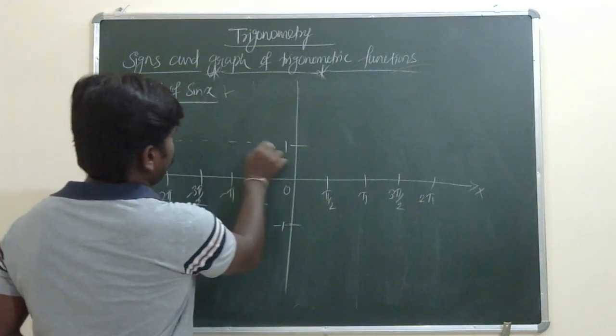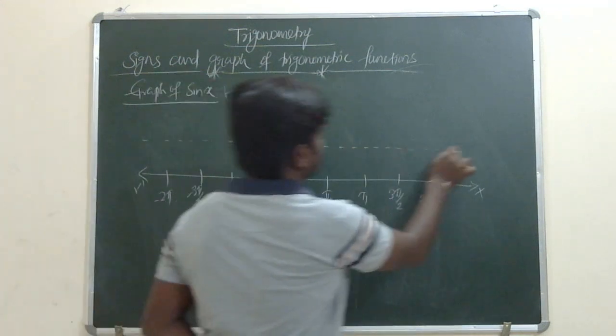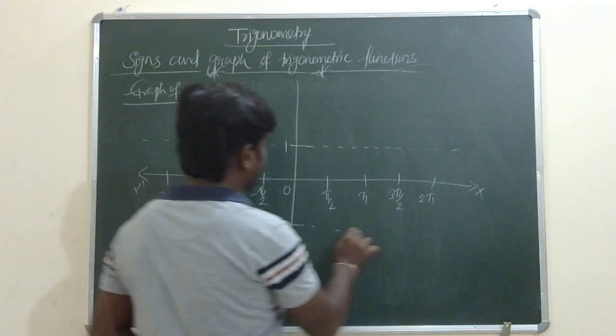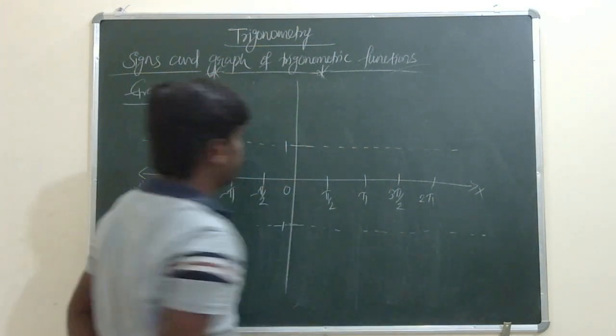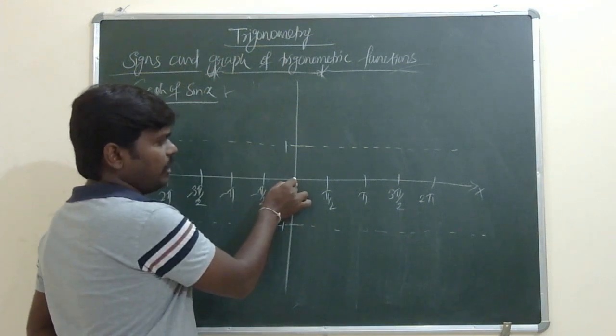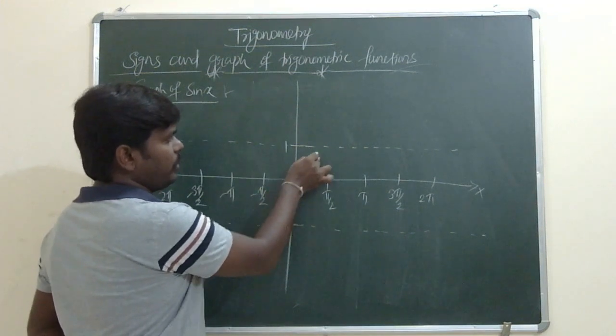Here I will draw these shaded lines. This shaded line indicates the limitation of this graph, the minus 1 and plus 1 boundary.